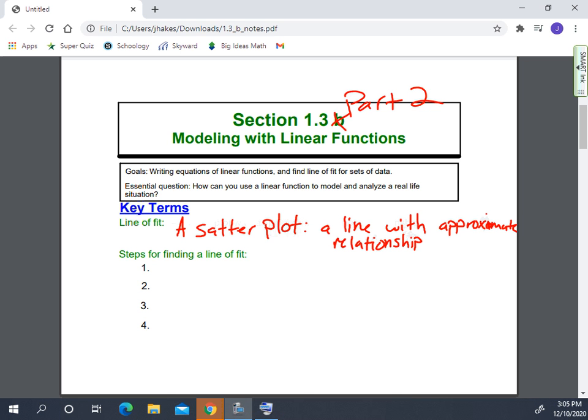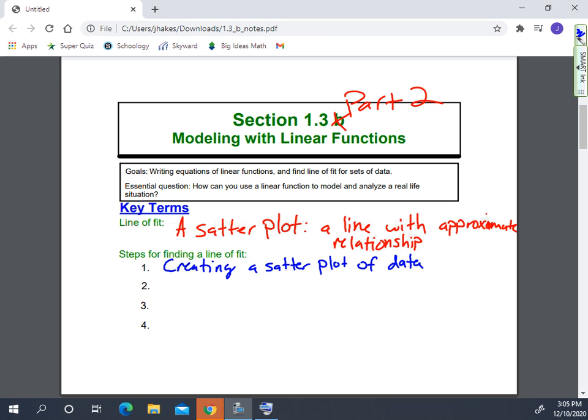But first, we have steps for finding a line of fit. Okay, well, the steps are: number one, creating a scatter plot of whatever data we're given.